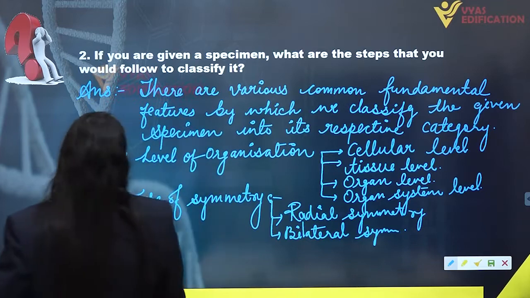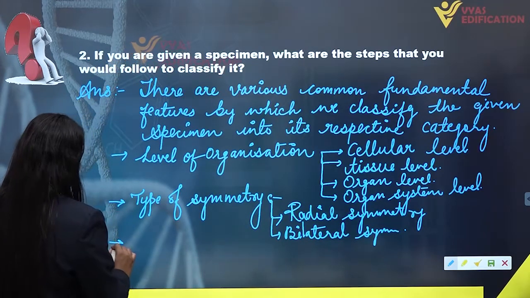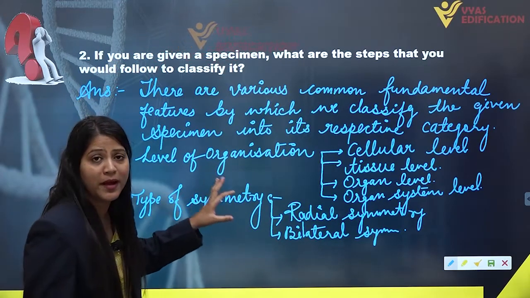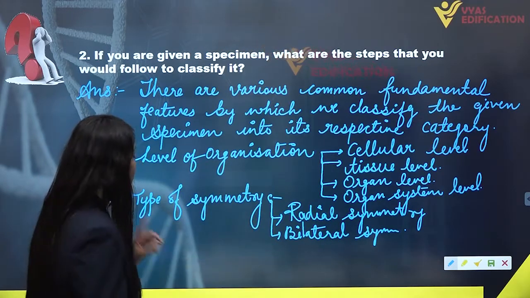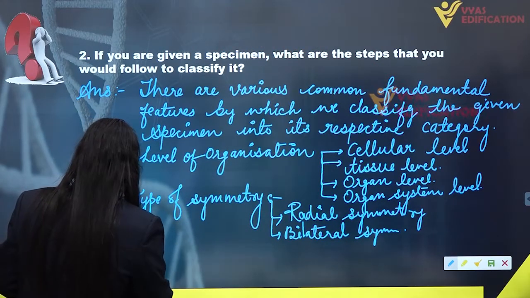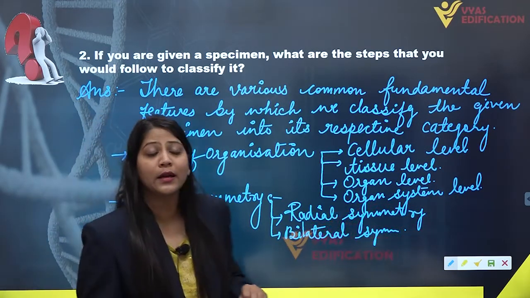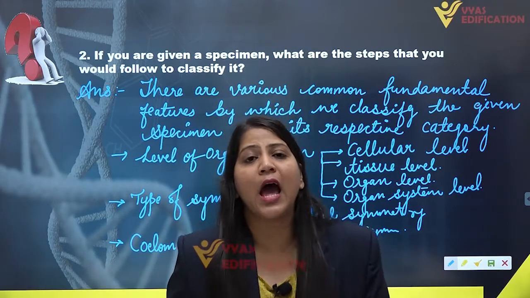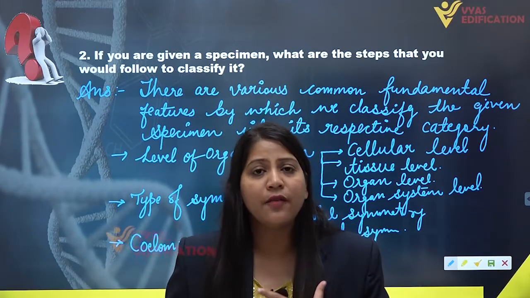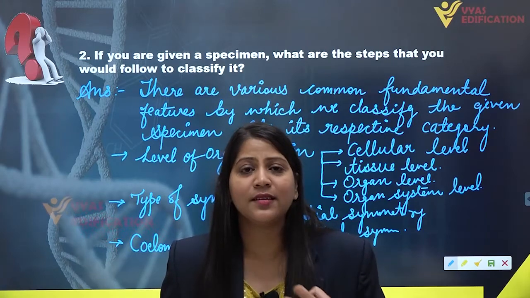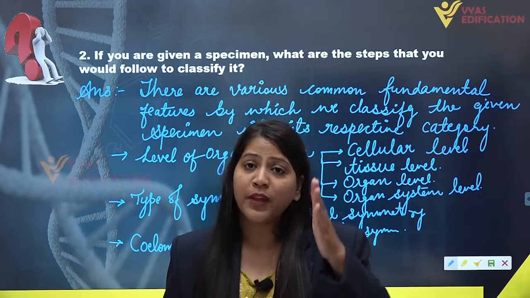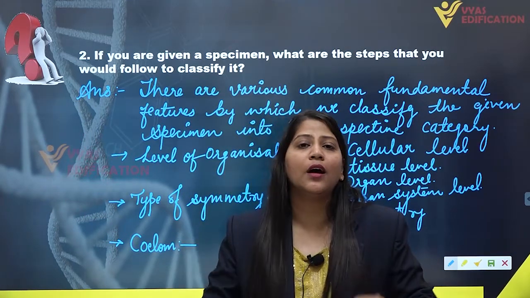Now the next common fundamental feature we want to take to classify the given specimen into its respective category would be the presence of coelom. Now what is coelom? You all know that a fluid-filled cavity is present in our body between the body wall and the gut wall.